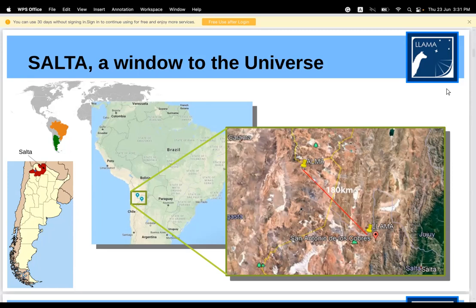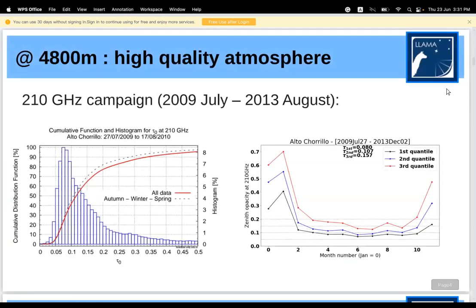It's a place which is 180 kilometers away from the ALMA site, close to the north border of Argentina, and it's at more than 4,800 meter elevation.